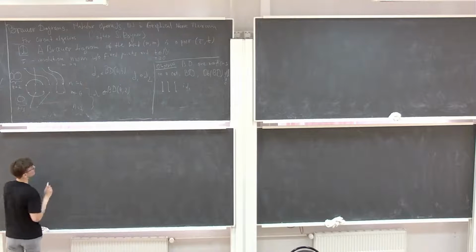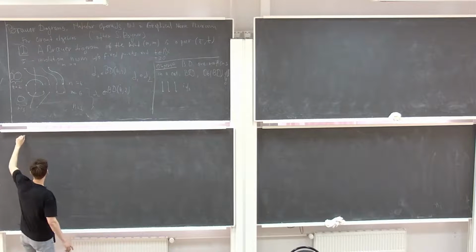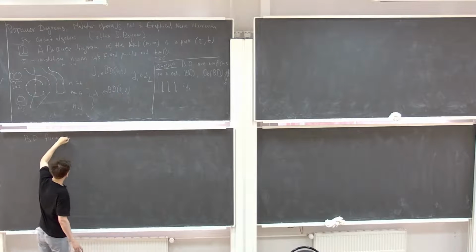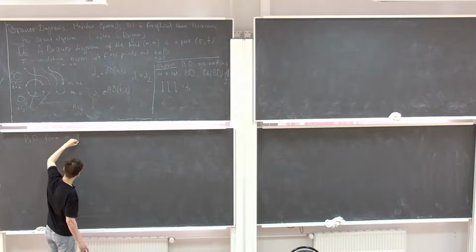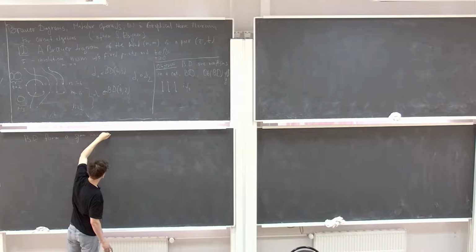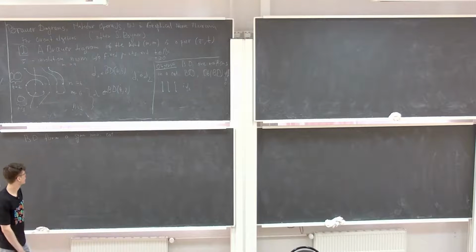Brauer diagrams form not just a category, but a symmetric monoidal category. I think I should begin with the definition of symmetric monoidal category.